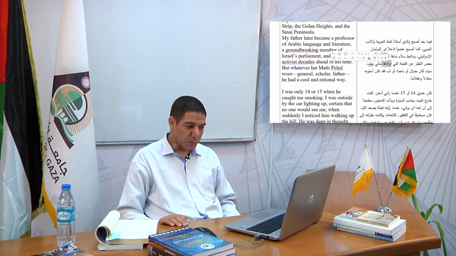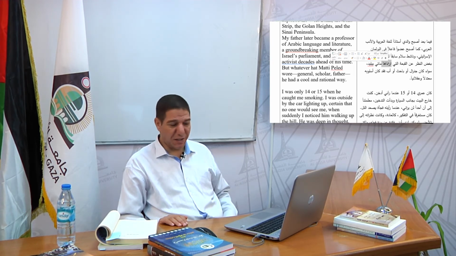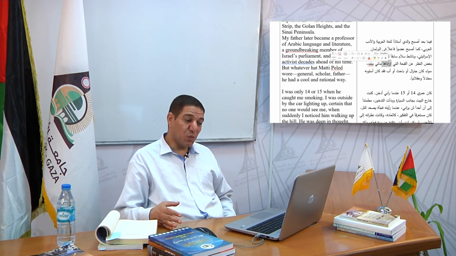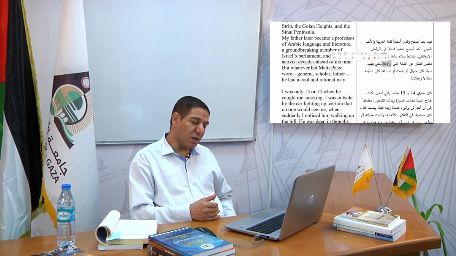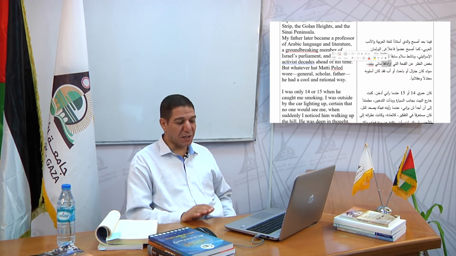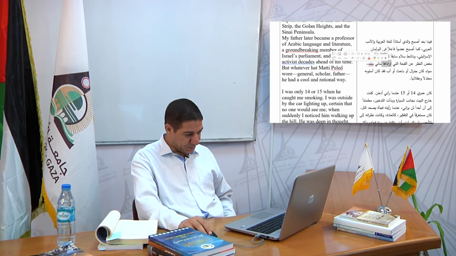Here, سواء كان, and this is a rule in Arabic: once you say أكان جنرالا, you have to say أو باحثا أو أبا.